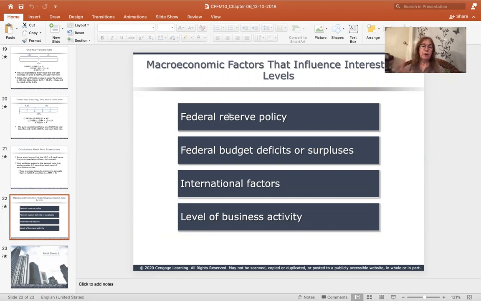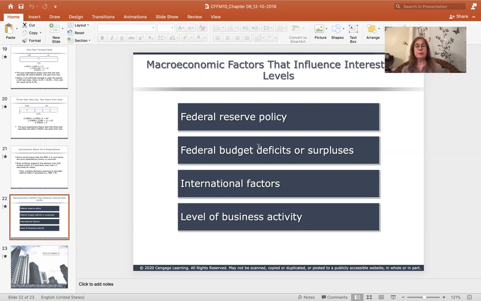When they want to stimulate the economy, they'll lower rates. When they want to tighten, if they're worried about inflation, that the economy is getting too superheated, and they want to slow the growth of the economy a little bit, then they will raise interest rates. So Federal Reserve policy influences interest rates, obviously.